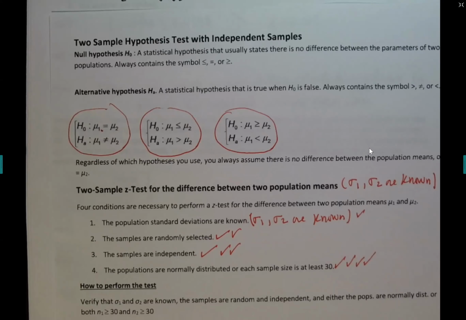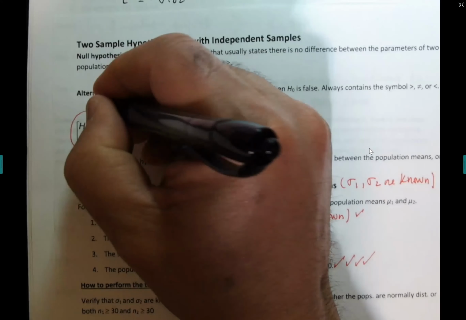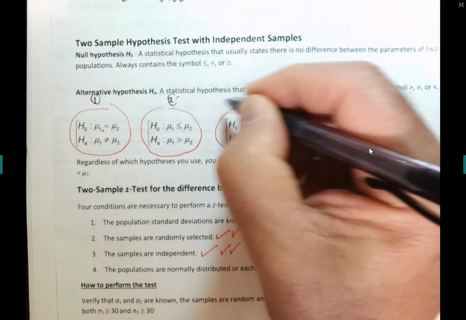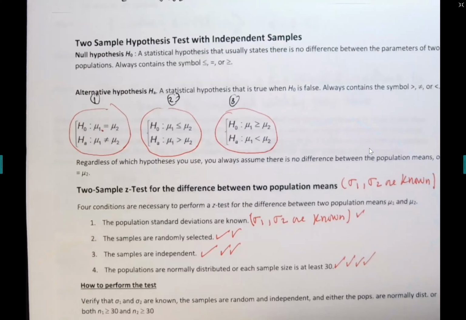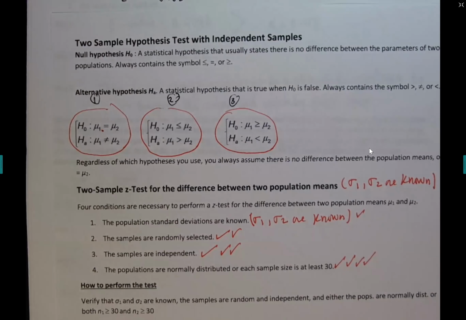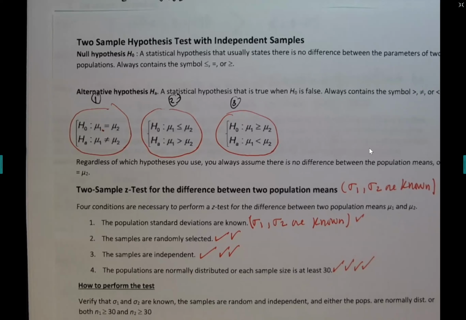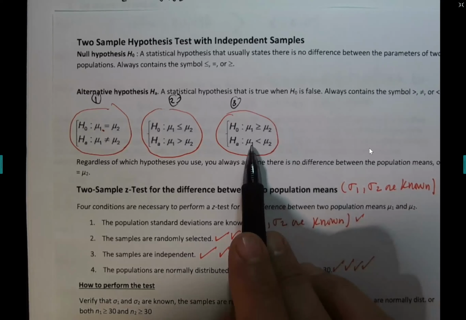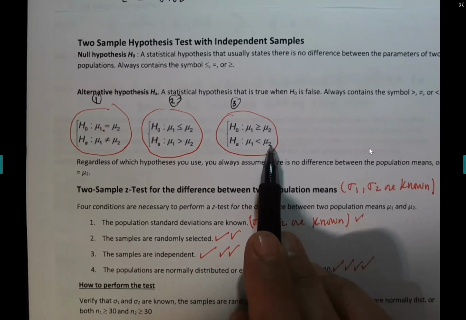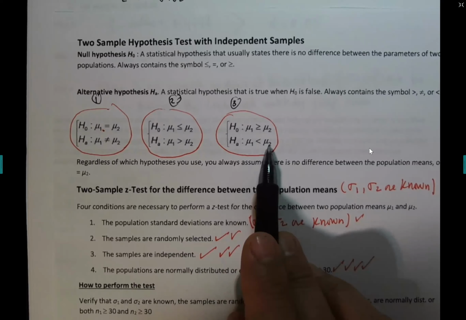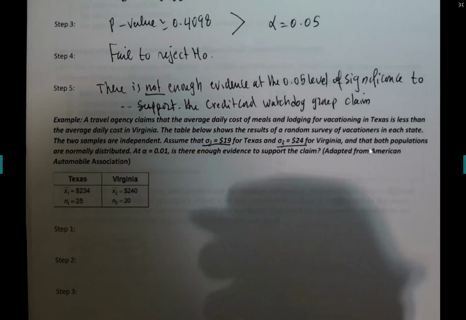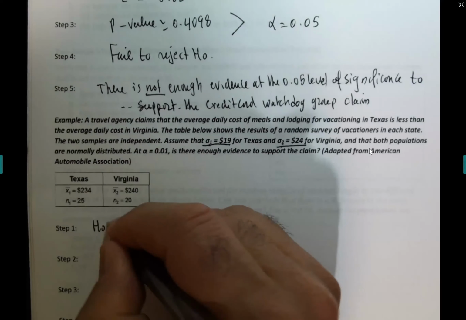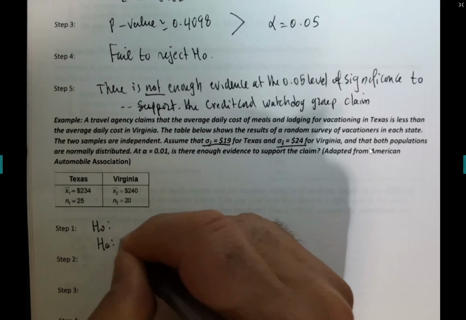So which one is it going to be? 1, 2, or 3? Three. Does everyone agree with the student statement? It is 3. Yes, correct, because this is Texas and this is Virginia, and we want Texas less than Virginia. Less than. So I can write it right away, guys.